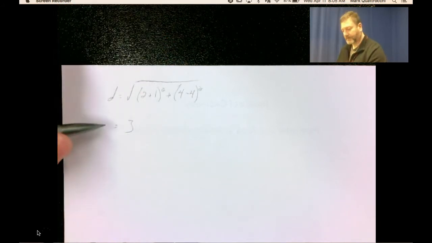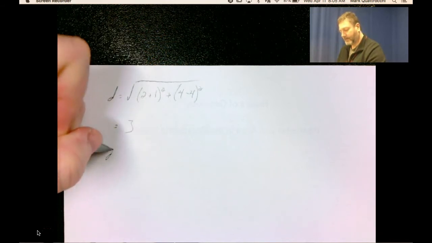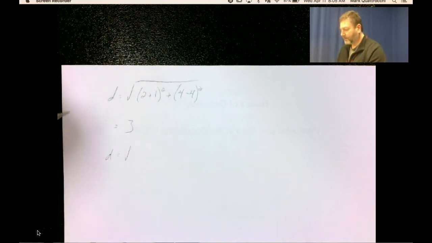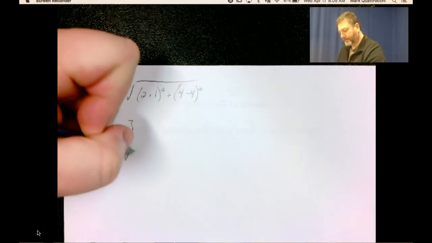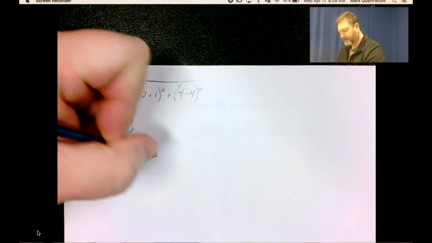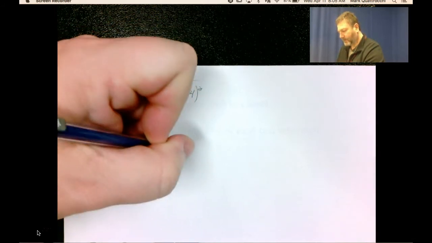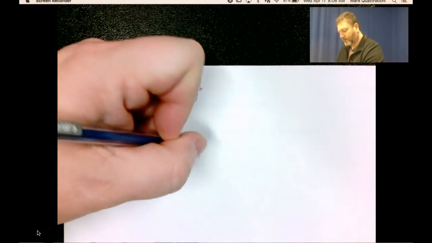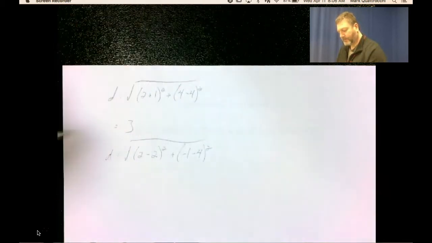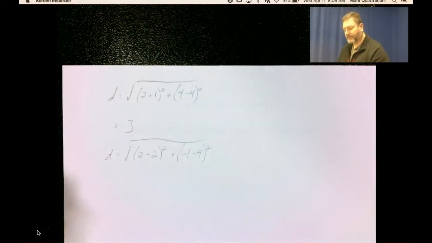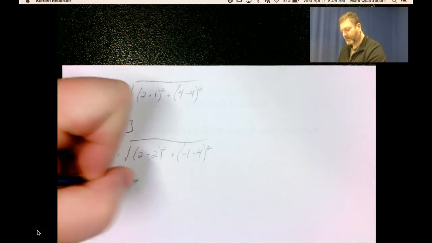That's our first length. Going from Q to R: 2 minus 2 squared, plus -1 minus 4 squared, -5 squared, the square root of 25, 5.